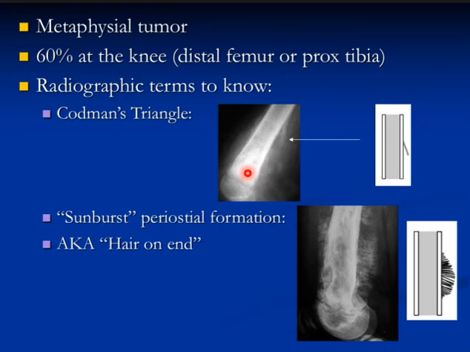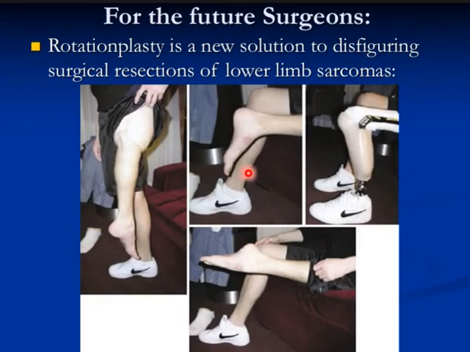So for the future surgeon, rotationplasty is a new solution for disfiguring surgical resection of lower limb sarcoma. They resect it and do a rotational plastic surgery to keep the lower limb functioning. What is the idea of this rotation?